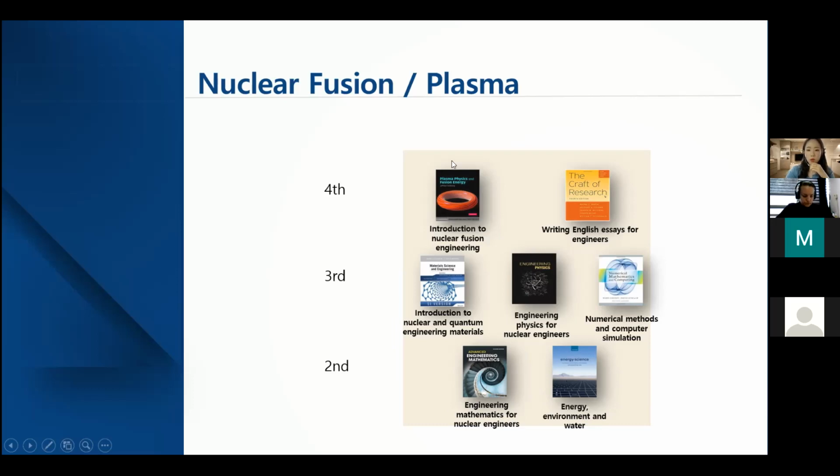And we have fusion and fusion engineering courses for this specialty. So these are recommended courses. You can take some from fusion and plasma and some from radiation technology, but this is just an idea of how you might design your course for the 3 years.